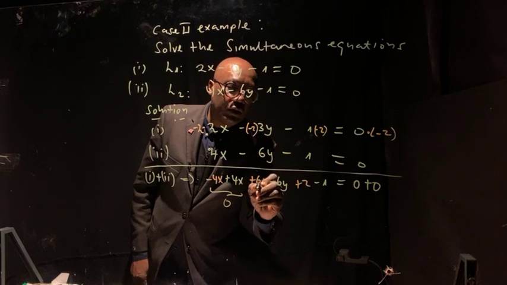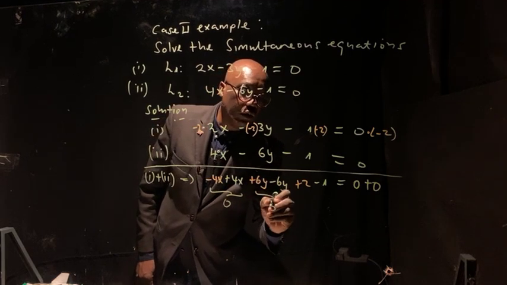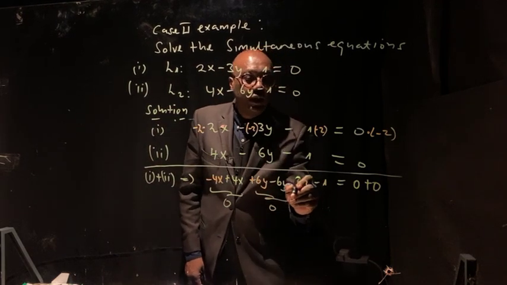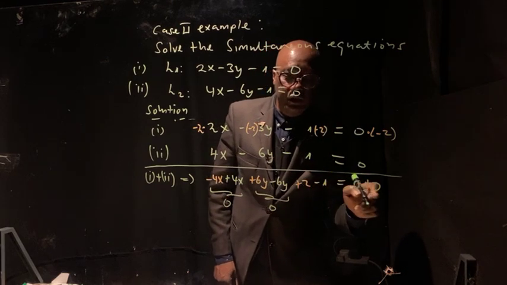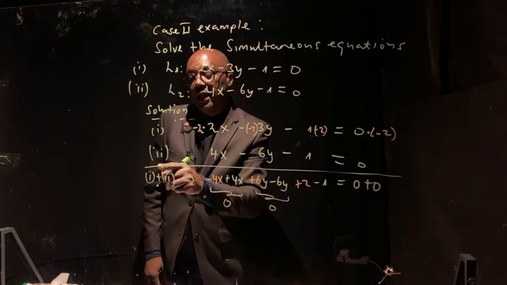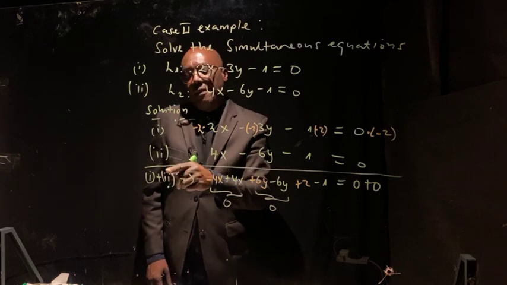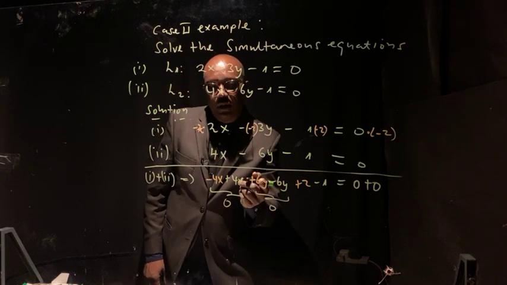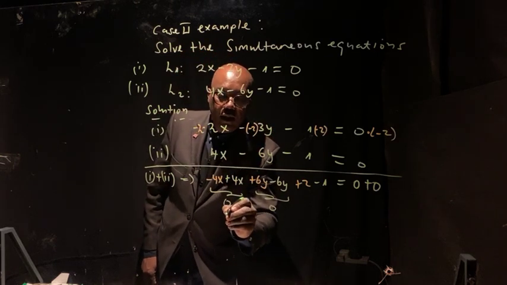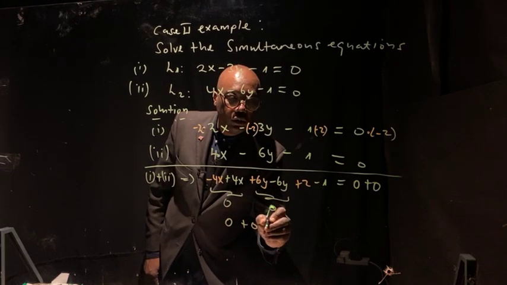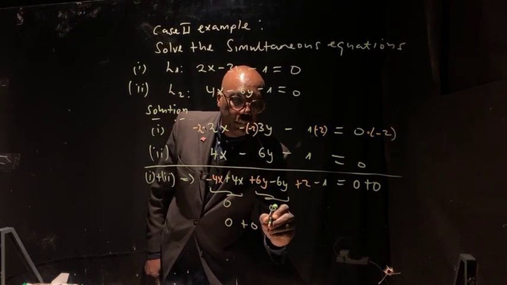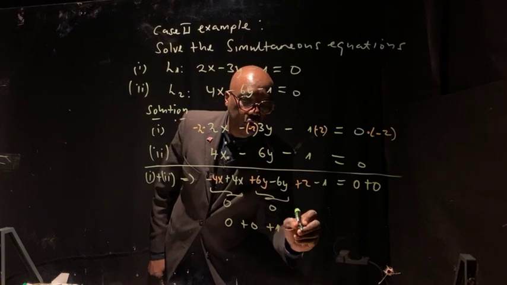Plus 6y minus 6y gives us 0. And then we have 2 minus 1 equals 0. So if we add equation 1 and 2, the resulting equation is 0 plus 0 plus 1 equals 0.